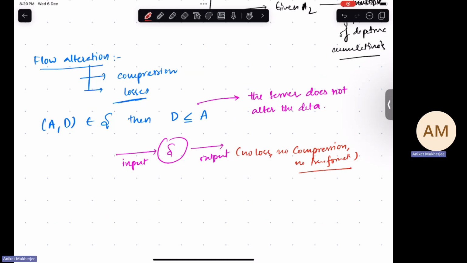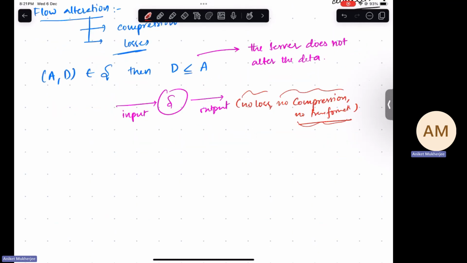We'll come back and show how these things affect the modeling that we are trying to do. But for now, we'll work under the assumption that the server does not alter any data.